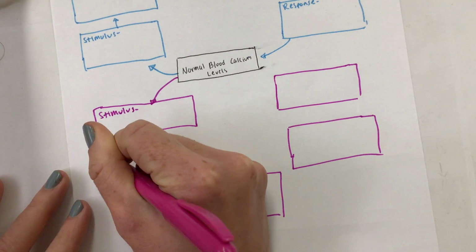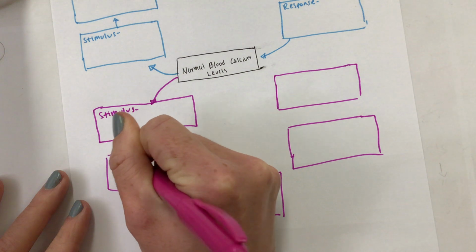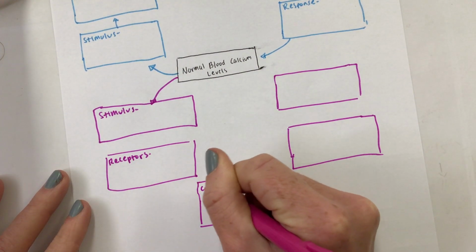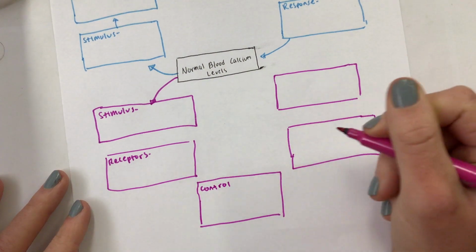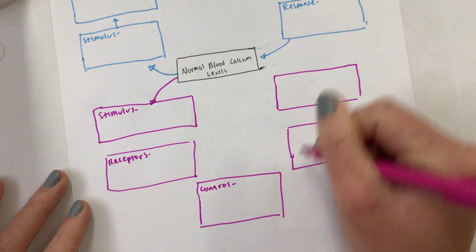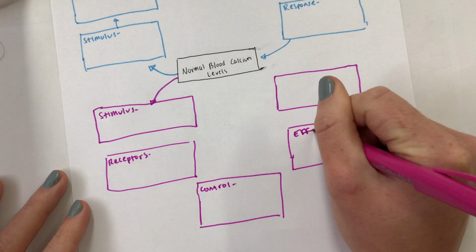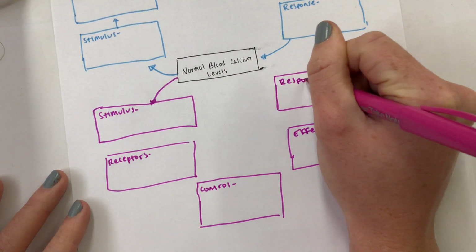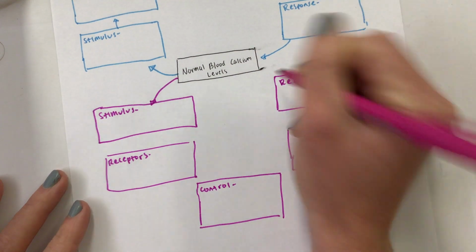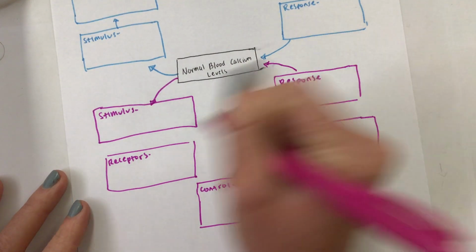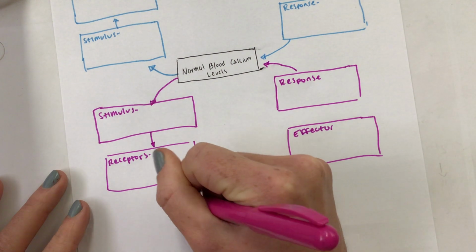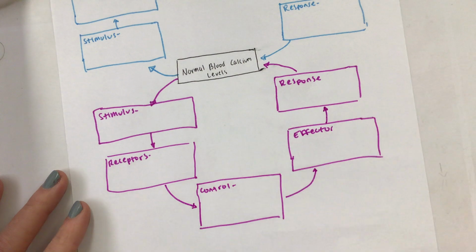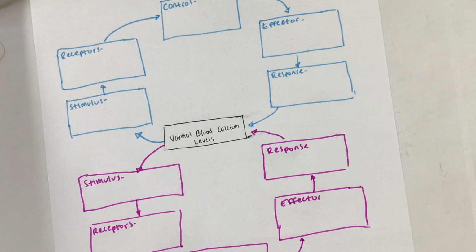We have the receptors, which sense that change. We have the control, which decides what to do with that change that's being sensed, and it tells those effectors to do something about it. And finally, we have the response, which brings us back to normal. And our last thing to do is fill this all in.